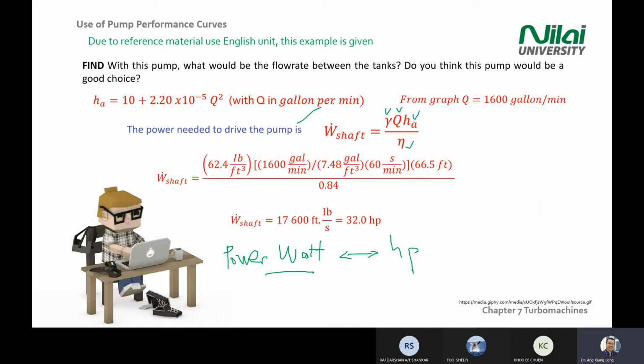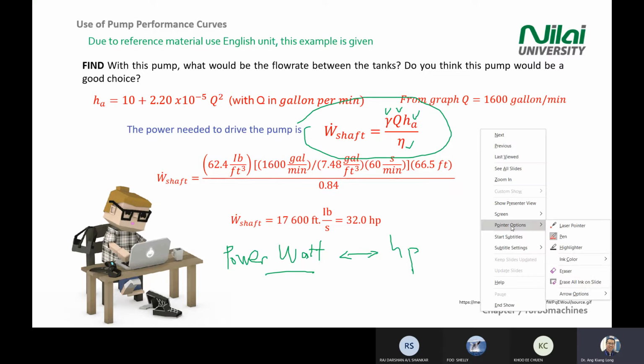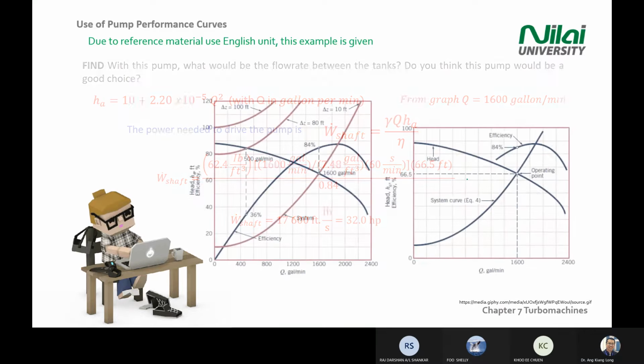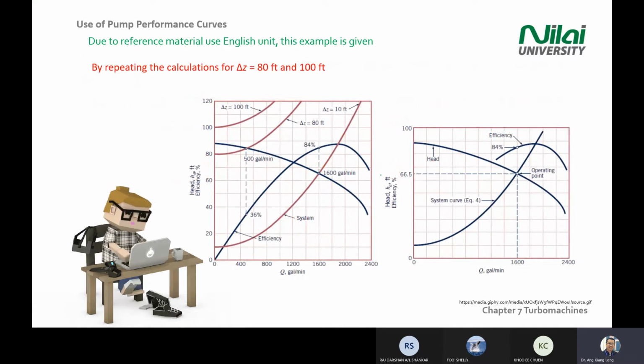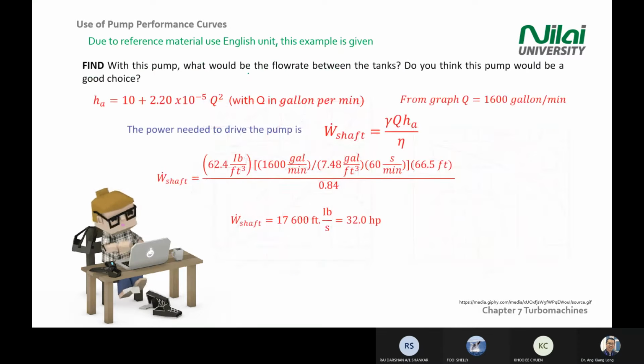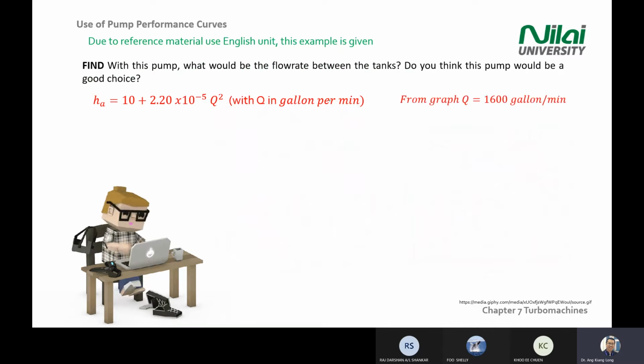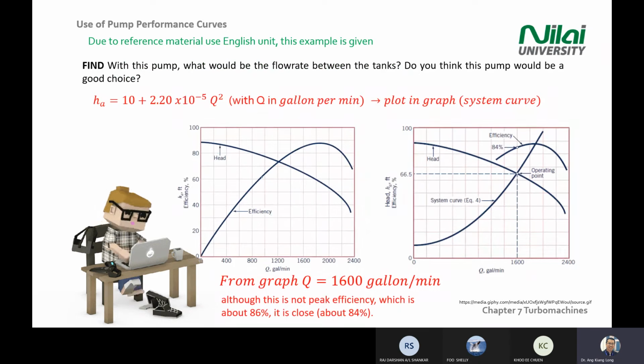Very straightforward. This slide actually shows how you apply this from the chart itself. Okay, the next one just shows you what happens if you adjust the Z, how you play around with this operation chart.